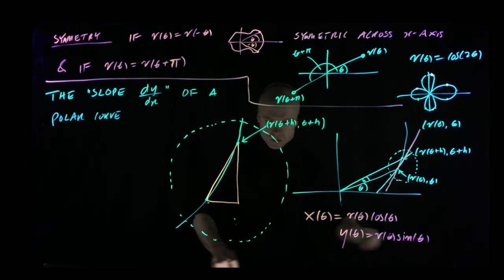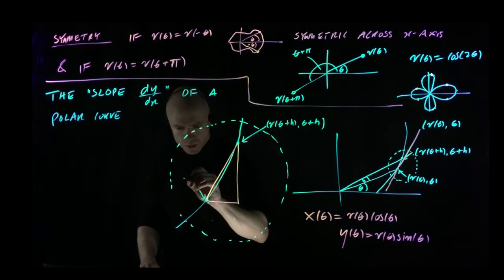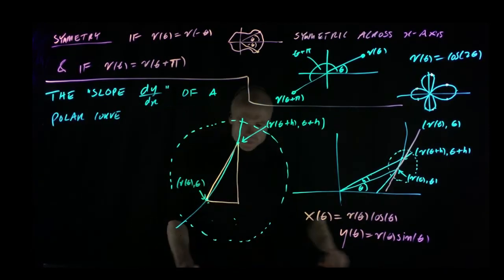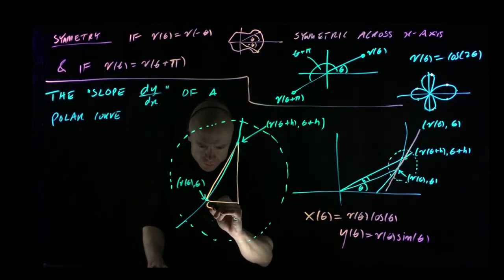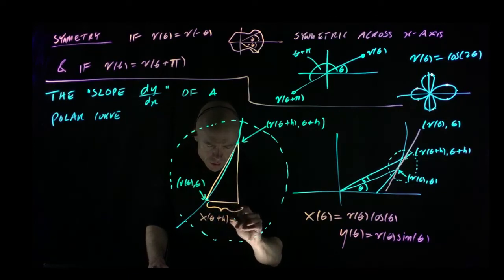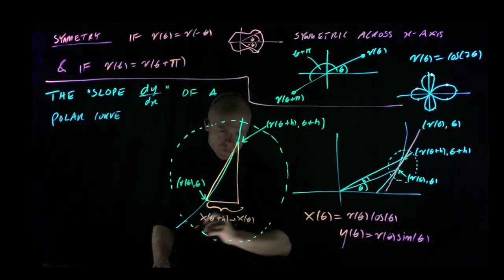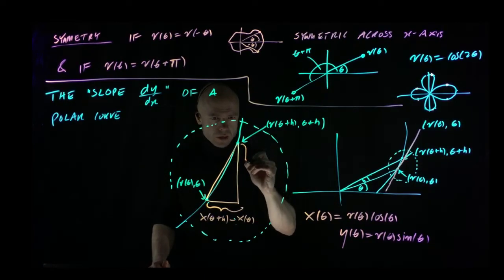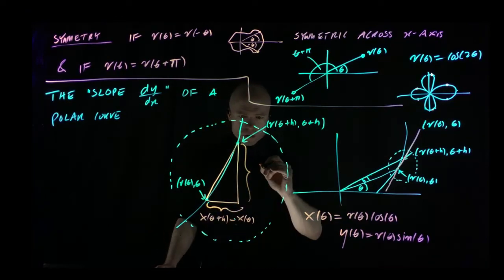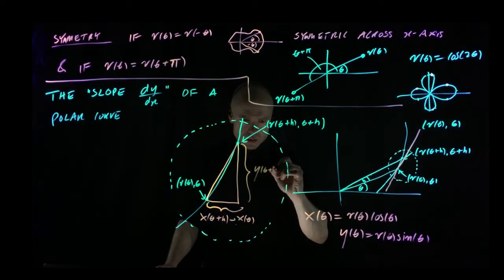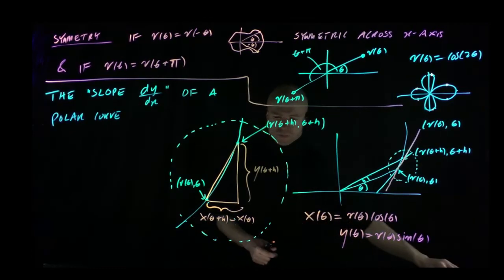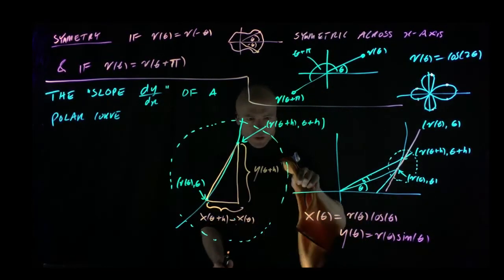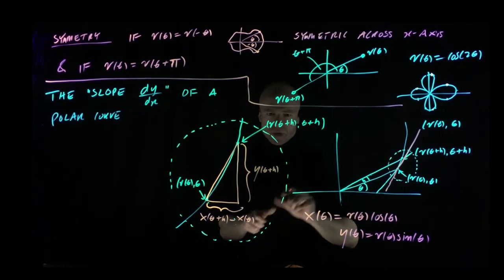Let's do this as r of theta, theta. So then this distance right here is x of theta plus h minus x of theta. And by exactly the same reasoning, this distance right here is y of theta plus h minus y of theta.